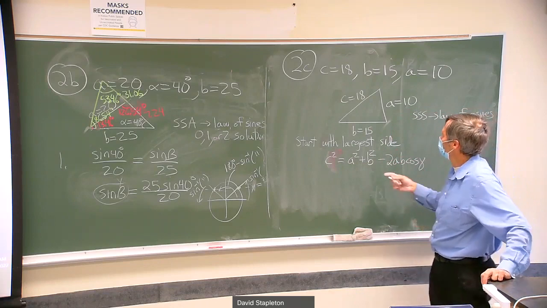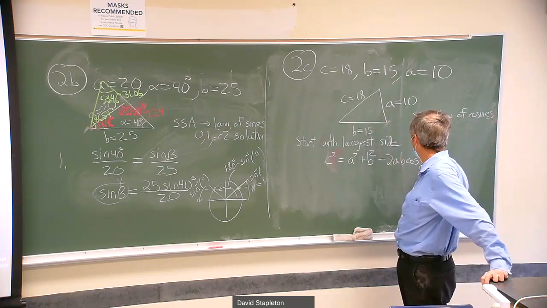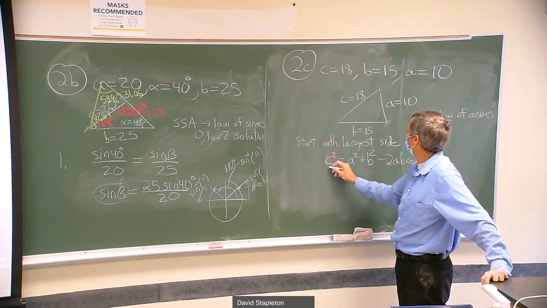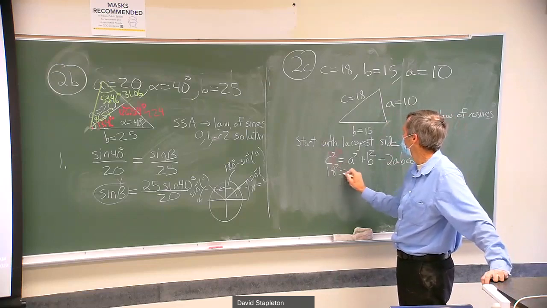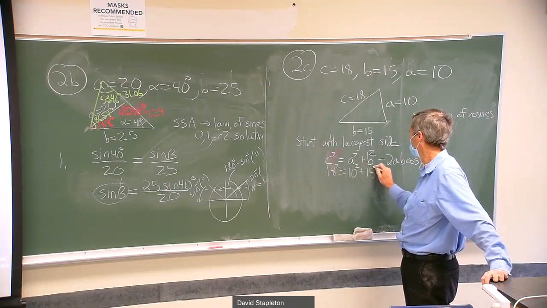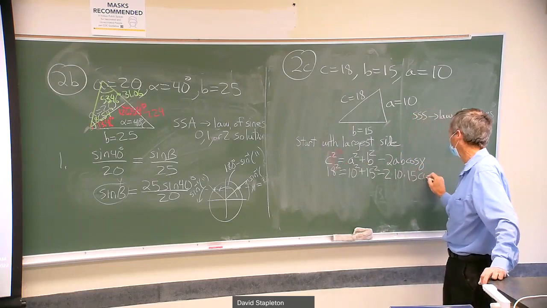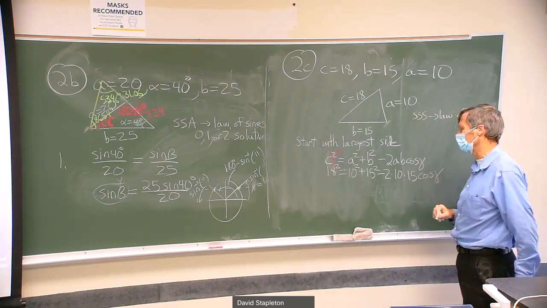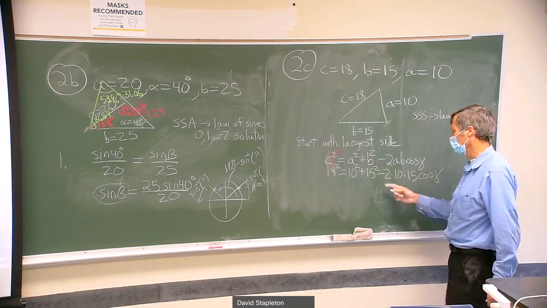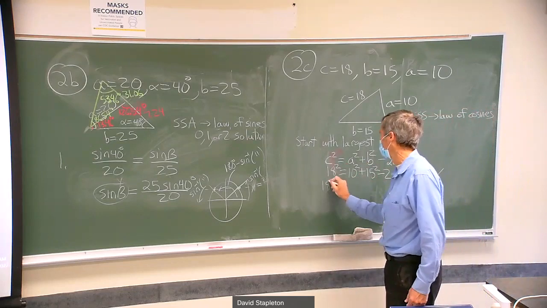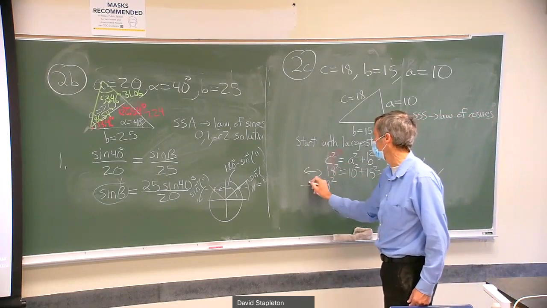And now in the side, side, side case, I have all but gamma known here. So I'm going to get 18 squared equals 10 squared plus 15 squared less 2 times 10 times 15 times cosine gamma. I know everything but gamma, so I'll just solve for it. I'll subtract here and get 18 squared. So these are all equivalent statements.